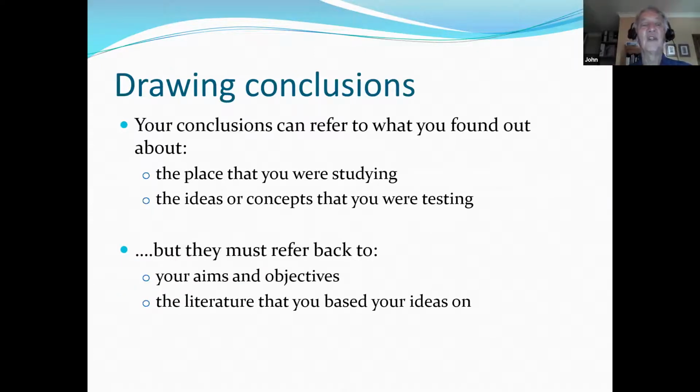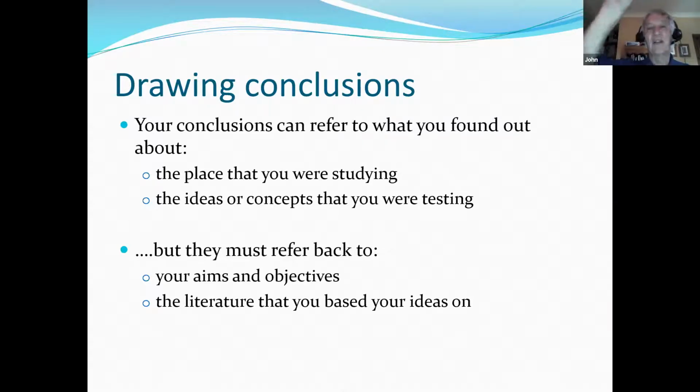Your conclusions, which are a long way away now, and you can come back to these later. They're going to refer to what you found out about the place and about the ideas, but they must refer back to your aims and objectives and the literature you base your ideas on. This is the circle of non-examined assessments, of inquiries.